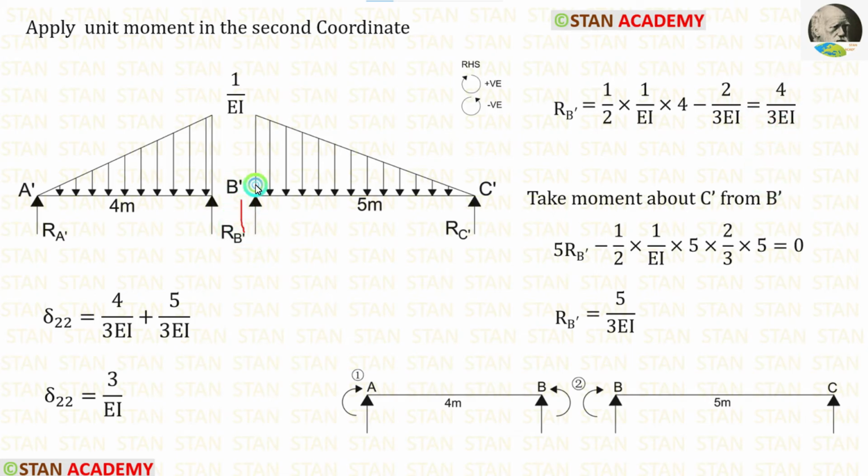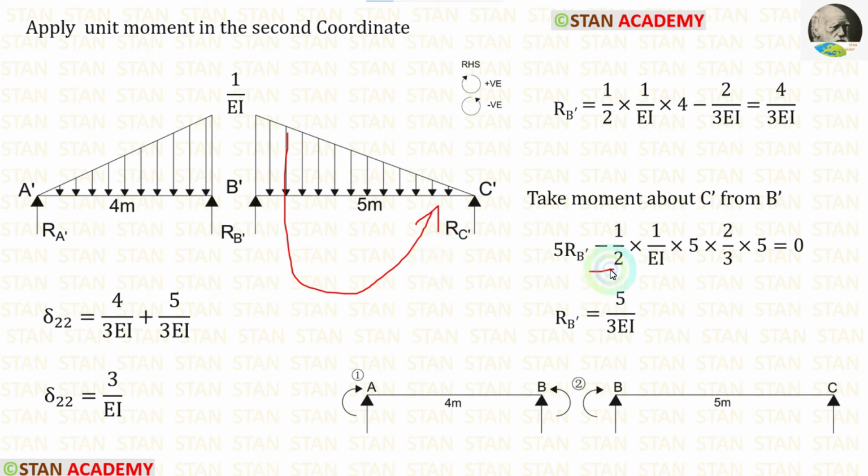Now let us calculate RB dash in the beam B dash C dash. For that I am going to take moment about C dash. RB dash is acting towards the point C dash in the clockwise direction. So it will be positive and the distance is 5. So 5 RB dash. This UVL is acting towards the point C dash in the anticlockwise direction.